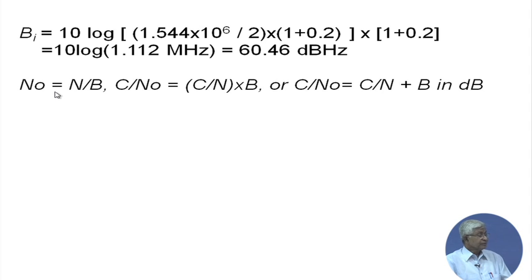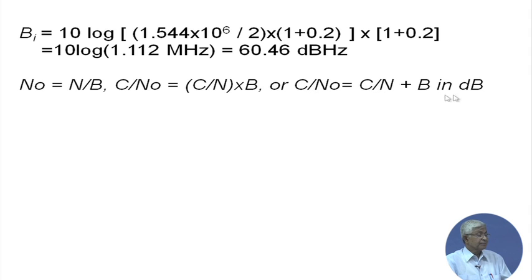So, one thing you try to recollect is that noise power density is noise power divided by the bandwidth. So, N0 is N/B. So, C/N0 is C/N times B, which in dB is C/N plus B in dB.